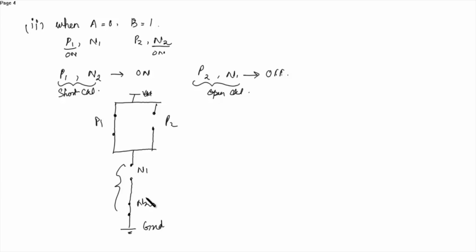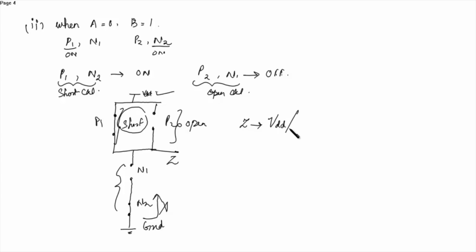Now since there is an open circuit, this will not work. And here this is short circuited and this is open. Even though this is open, since these are in parallel, this VDD will be seen in the output Z. So at the terminal Z, or at the output, you get VDD, or you can say you get a high voltage, or we represent the high voltage as 1.